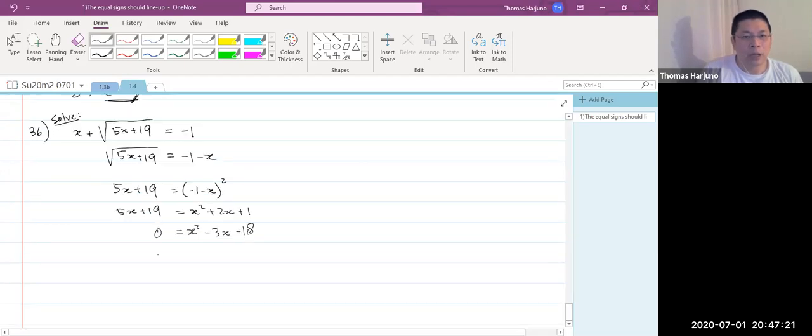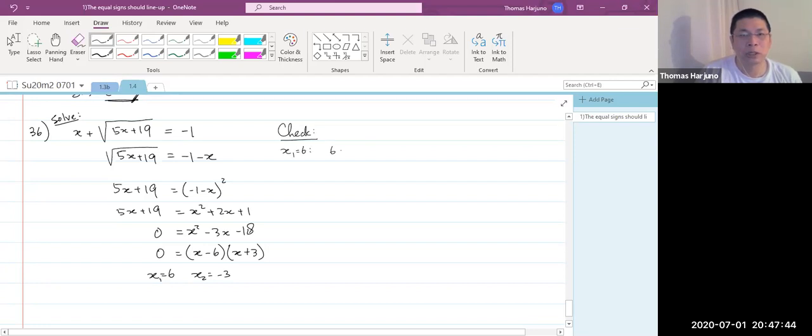Now I get (x minus 6)(x plus 3). So either x equals 6, let's call that x1, and x2 is -3. Now check against the original equation.